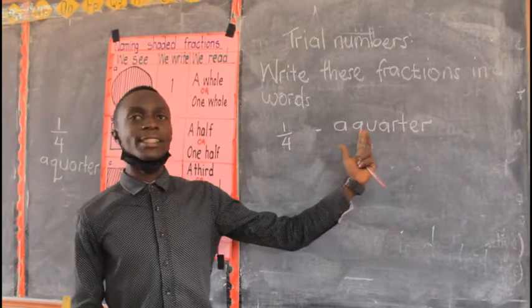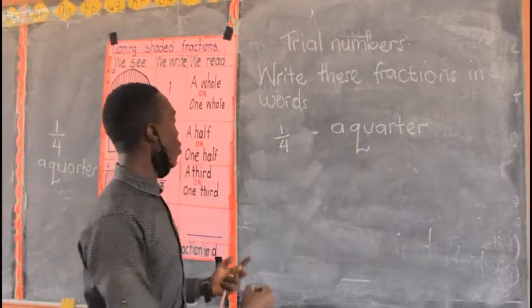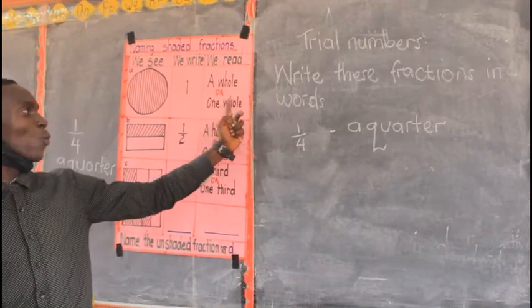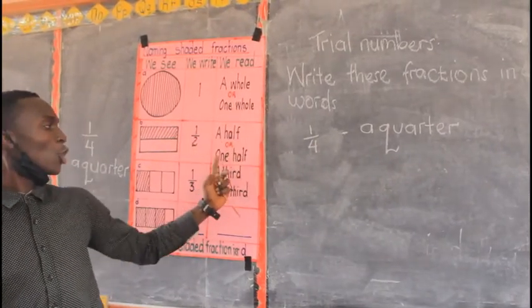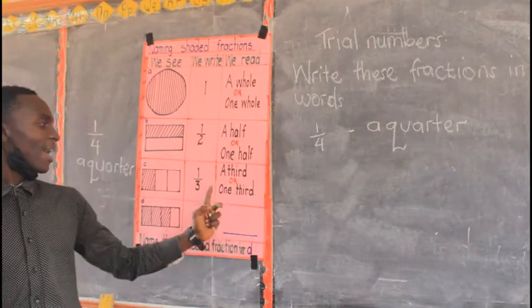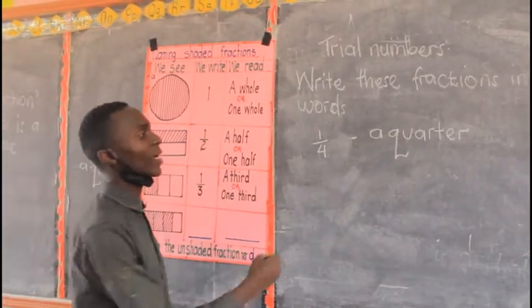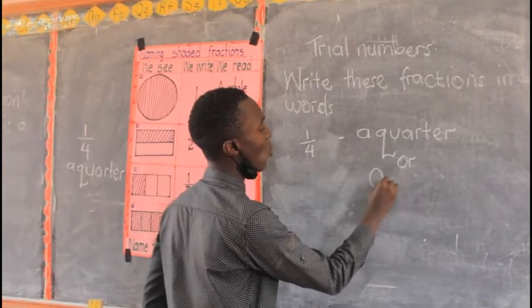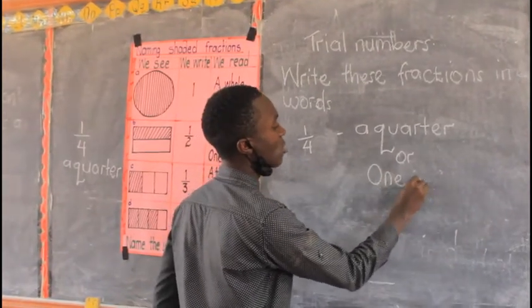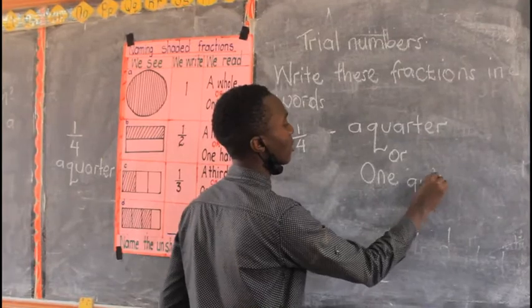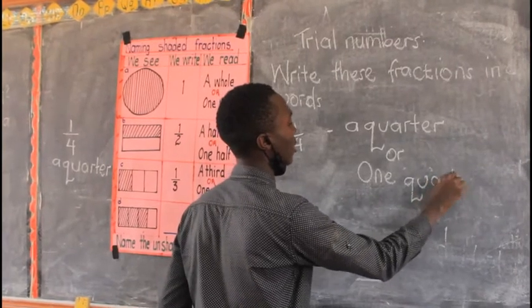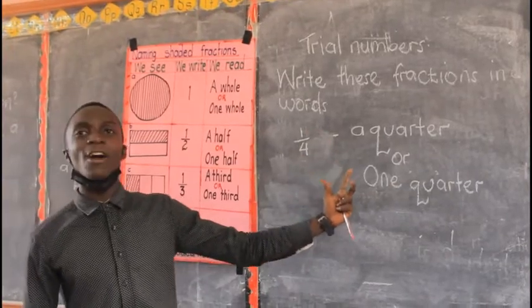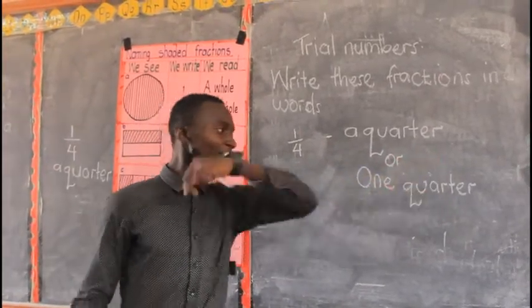We can say it is a quarter. Here we said a whole, all 1 whole, a half, 1/2, a third or 1/3. Here we can say a quarter or 1/4.